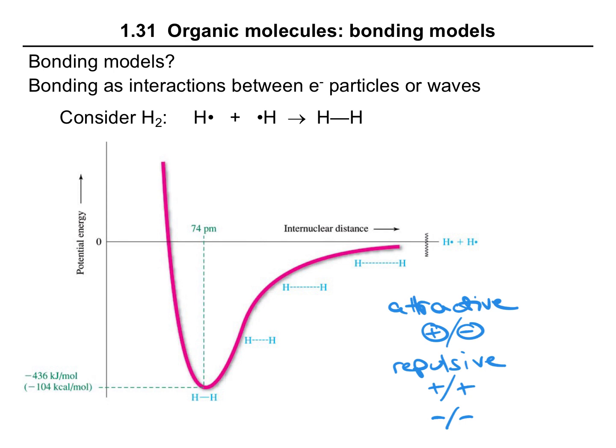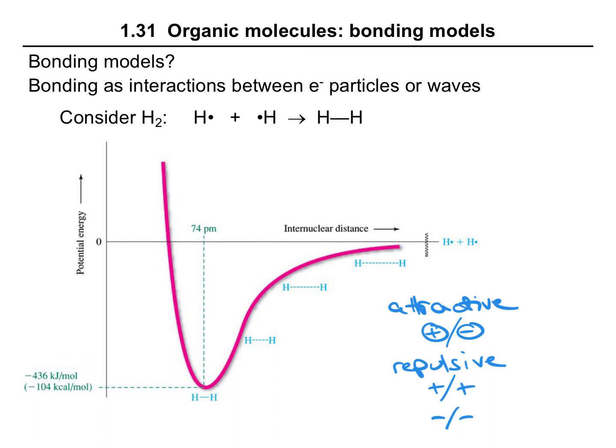But then as the atoms are brought closer together, there's going to be much more unfavorable interactions. So when we consider bonding as interactions between electron particles, then bonding occurs where the atoms are at an ideal distance to maximize the favorable interactions and minimize the unfavorable interactions.